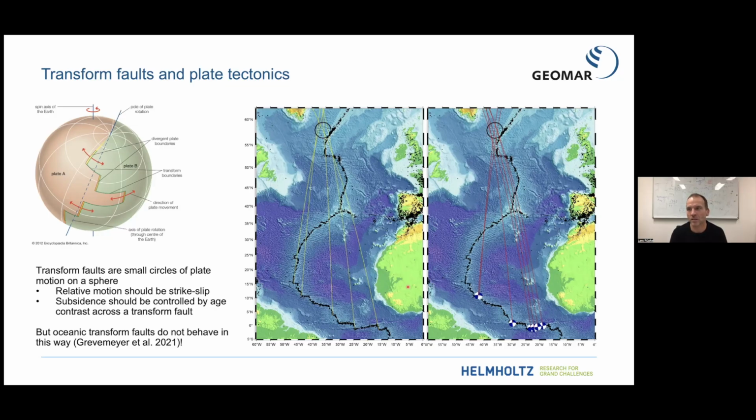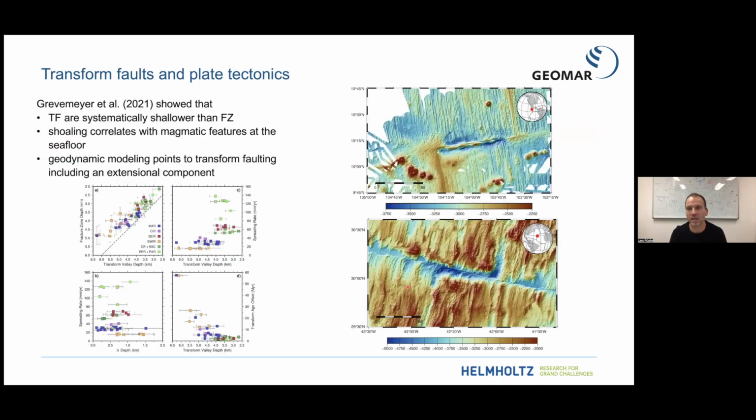And then this all started when Ingo compiled bathymetric data for all transform faults around the world at different slip rates, different environments. And what you find is that the actual deformation zone, the transform valley itself, is always deeper than the adjacent fracture zones. And this means that subsidence is not following a standard thermal cooling trend. So a lithosphere that starts at the ridge should just subside with its age.